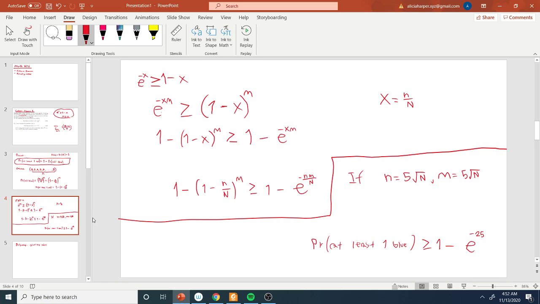Because the square root of N is getting multiplied by the square root of N, you just get N and it cancels out with the N in the denominator.